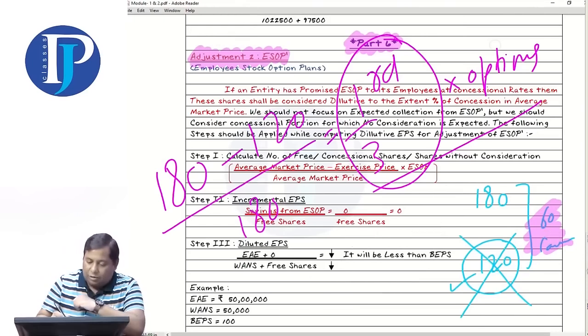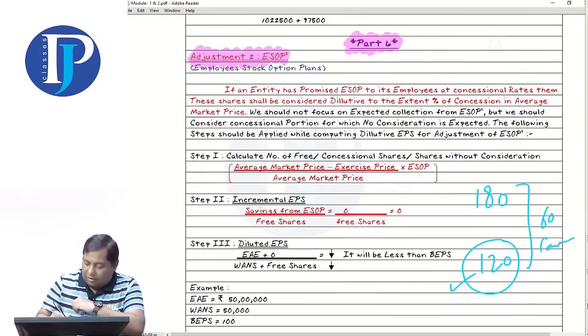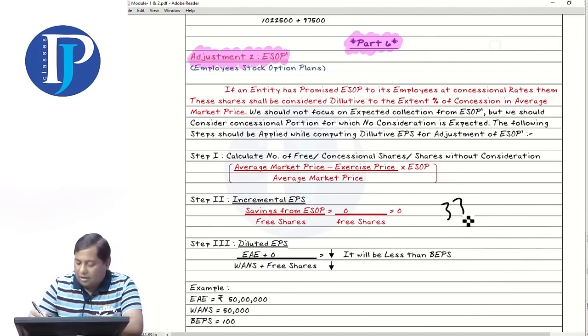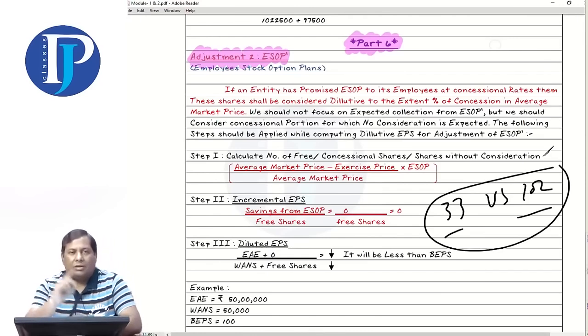However, there is only one crucial thing, one issue. I explained this very clearly: there was a difference between Ind AS 33 and 102. When we do the ESOP accounting in Ind AS 102, we will lock the grant date fair value.